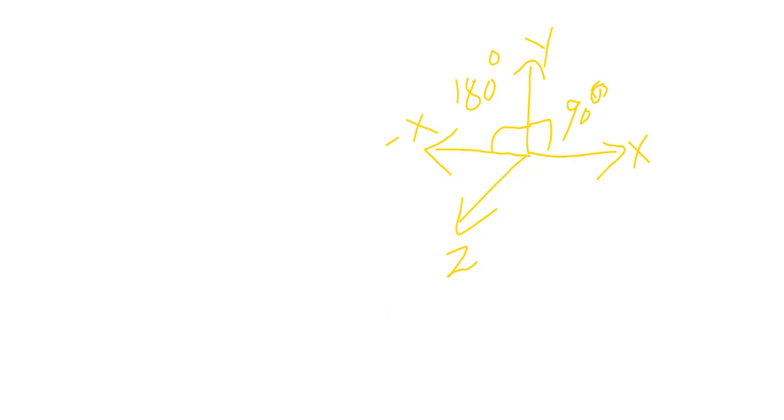Suppose that A bar is a vector. This is B bar. Find out the angle between A bar and minus B bar. How can you calculate this angle?